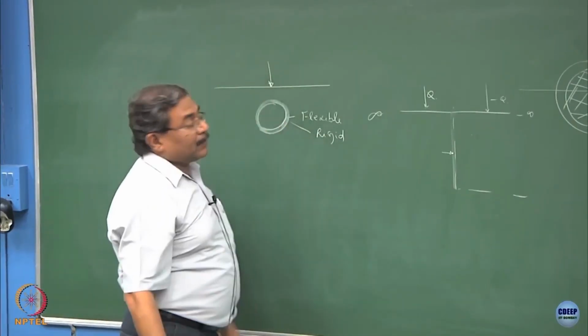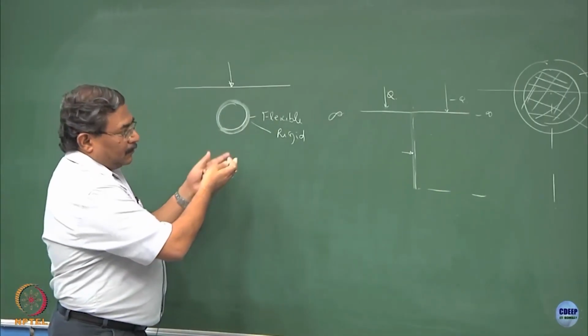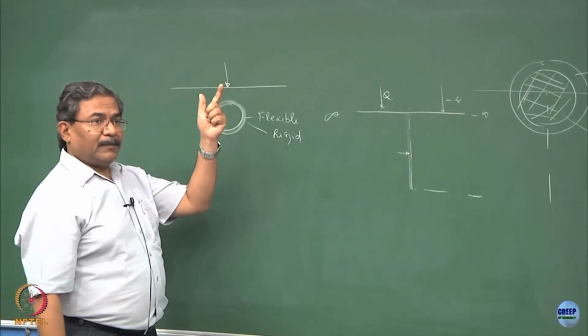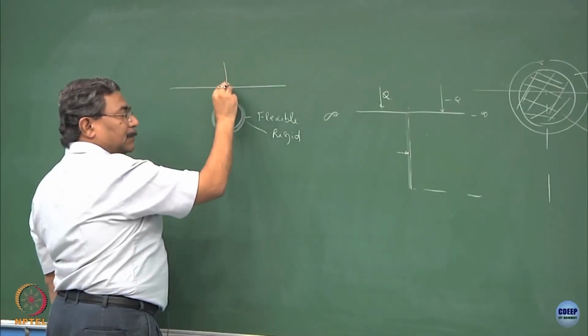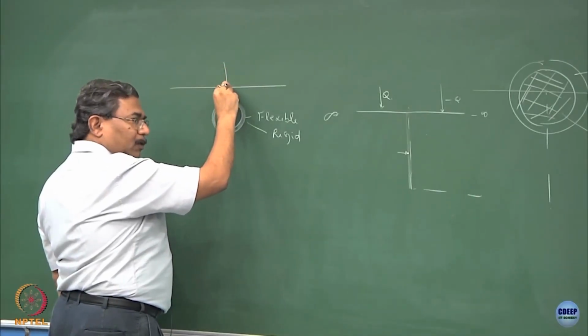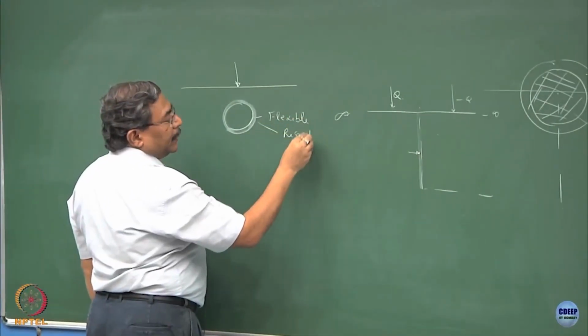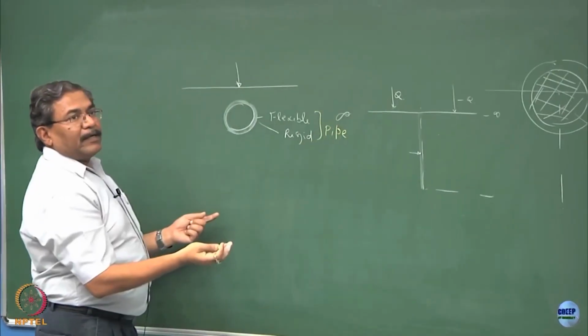This loading could be because of railways, it could be because of traffic, it could be because of aircraft. I know the value of Q which is coming through the tire getting transmitted over here. What is going to happen is, depending upon the flexible or rigid nature of the pipe, the deformation is going to be different.